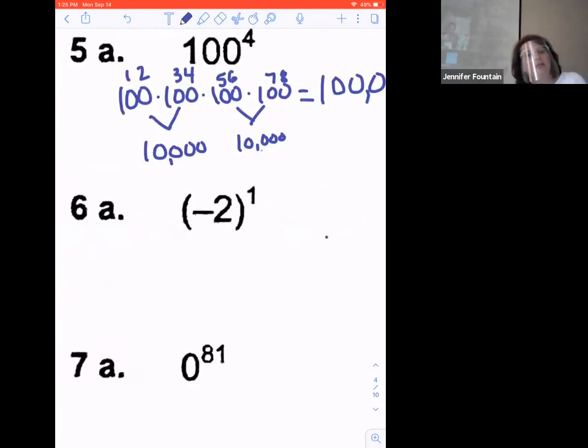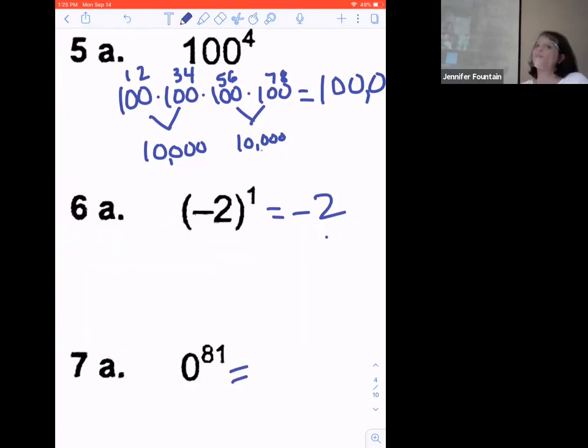All right. -2 to the first power is going to be what? -2. Anything to the first power is itself, and 0 to the 81st power. It's going to be 0, I guess.